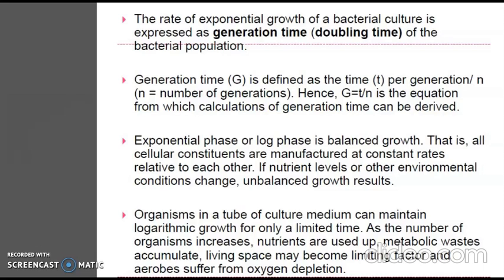Organisms in a tube of culture media can maintain logarithmic growth for only a limited period of time, because as the number of organisms increases, the nutrients are used up, metabolic waste gets accumulated, the living space may become a limiting factor, and the aerobic organisms suffer from oxygen depletion.